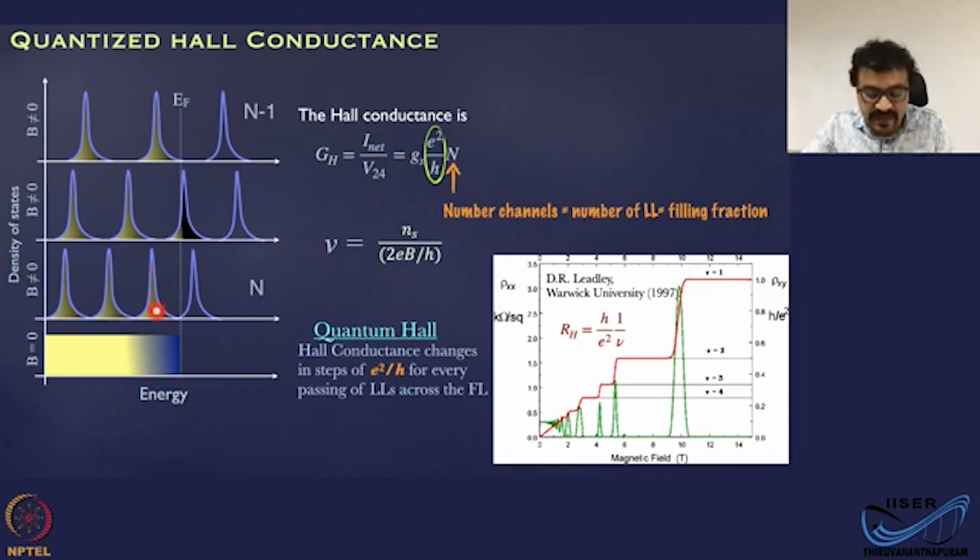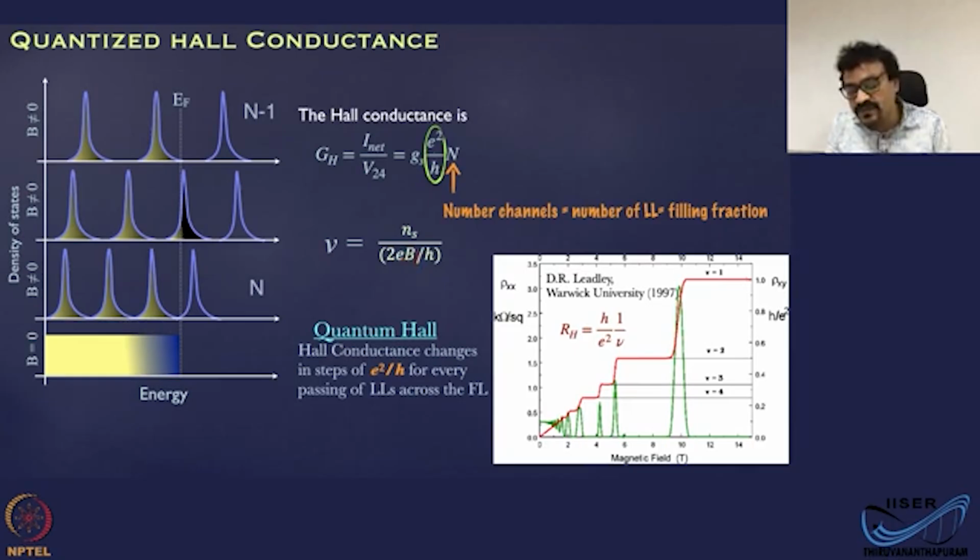So I have 3 Landau levels below the Fermi level here, and here 2 Landau levels below the Fermi level. So the action of going from this field to this field is you are reducing the number of Landau levels below the Fermi level by 1. Now we know that the filling factor, or the number of Landau levels available, is inversely proportional to the B field.